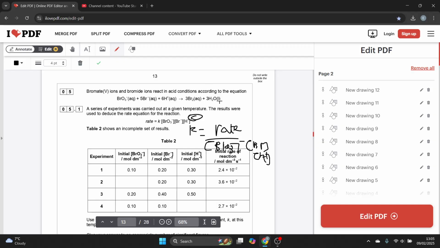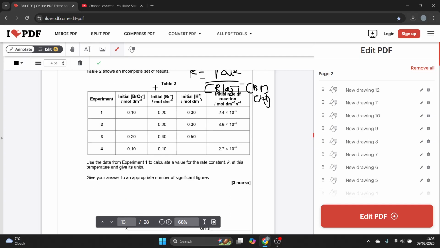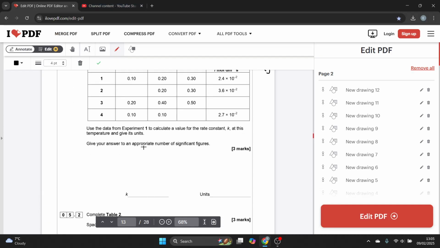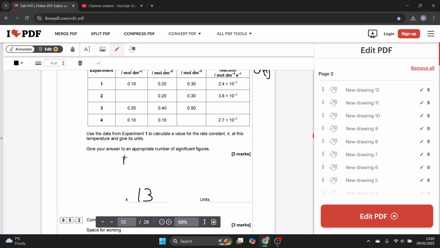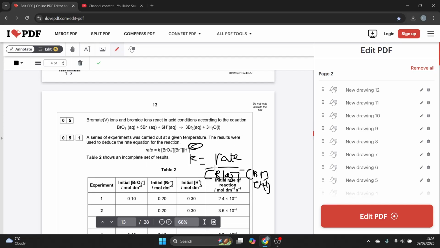That will give me 13.5. It's 2.4 times 10 to the power minus 2. Where did I get 2.43 from? I get 13.33.